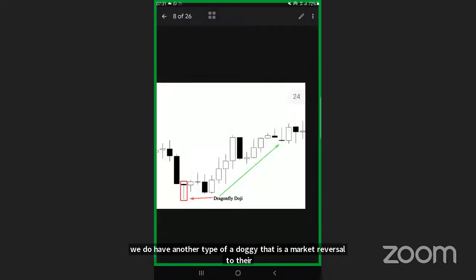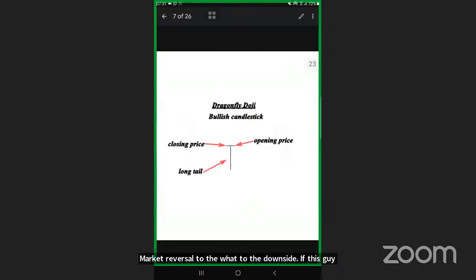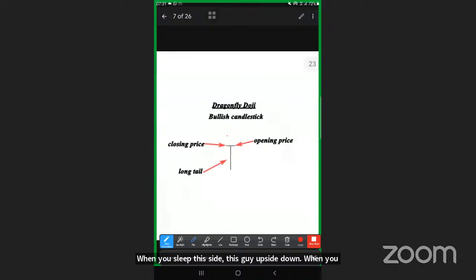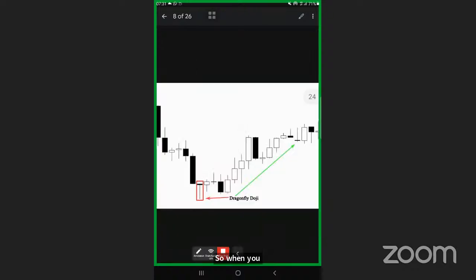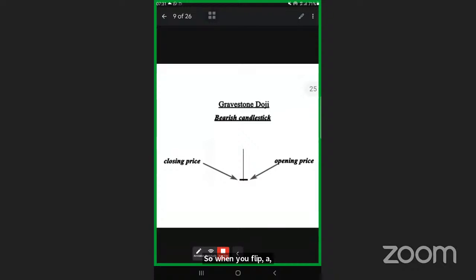If this one is a reversal signal to the upside, when you flip it upside down, meaning this side should be up and this side should be down, you are going to have something like this. So when you flip the Dragonfly Doji upside down, you are going to see this. Can you see this?